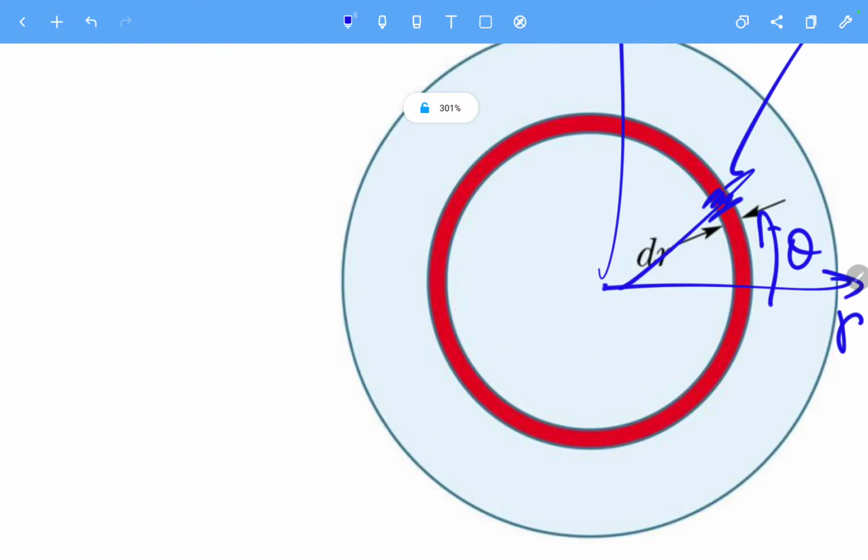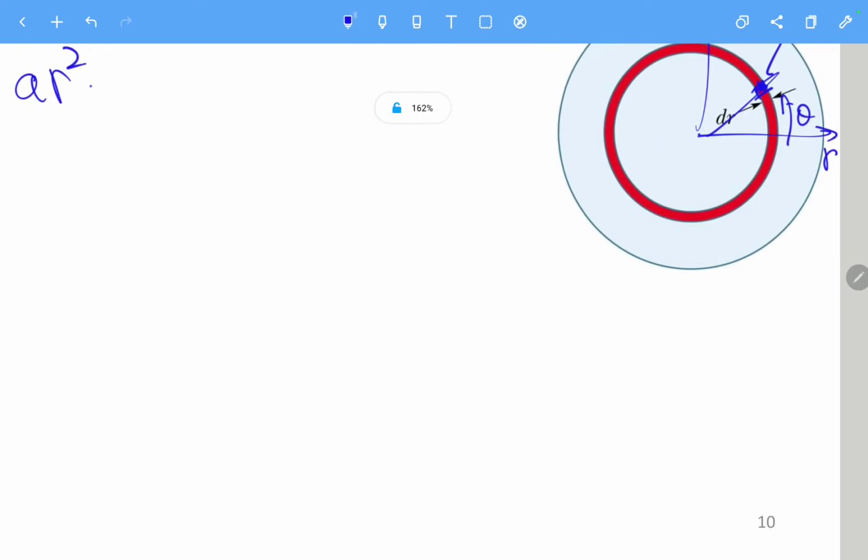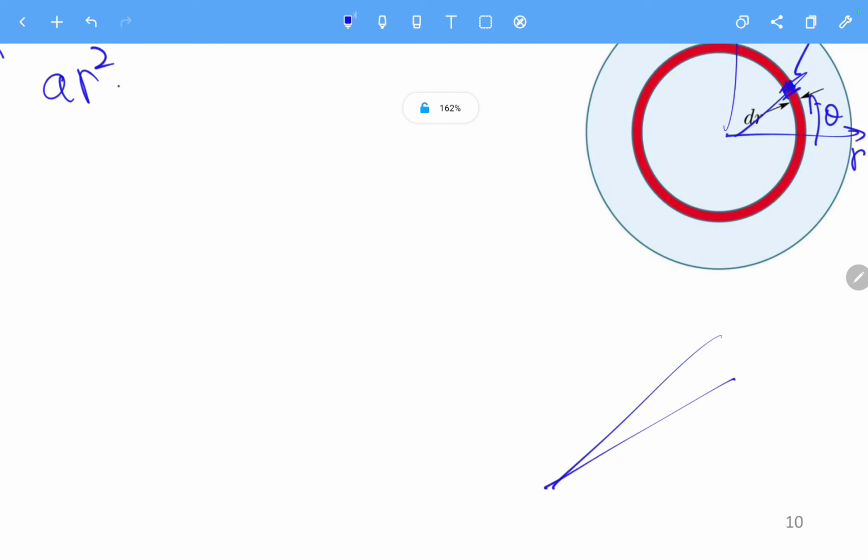If you can't really remember, then you can imagine the polar coordinate will be something like this.